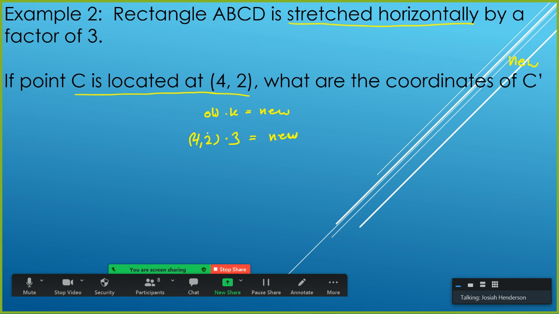Don't know it yet. Now, this is a horizontal stretch, so my times 3 is only going to apply to the x number. Remember, it's always x first, and then y. So 4 is the x number. So 3 times 4, 12, 2 is the new C, C prime.